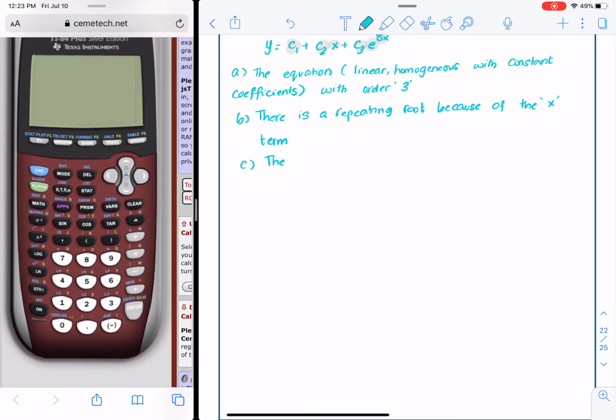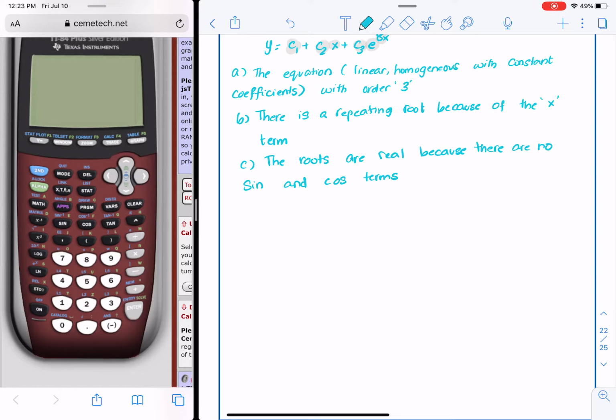The roots are real because there are no sine and cosine terms.